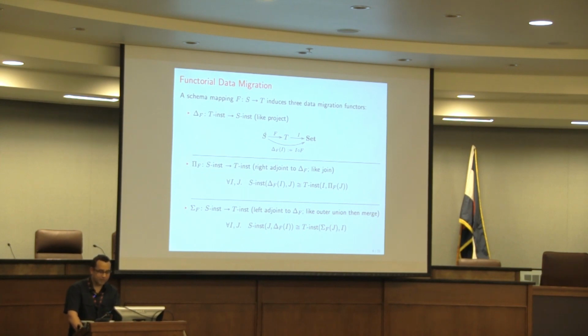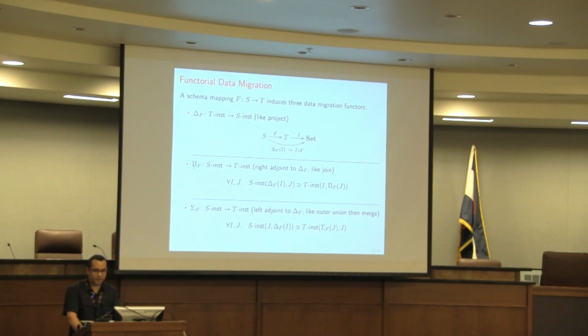And so this delta operation is literally just composition. Given a functor from S to T, it gives you a way to take instances on T to instances on S. And the slides that follow will give examples of this. But hopefully the point is clear that this is a very simple thing to define, this operation delta.